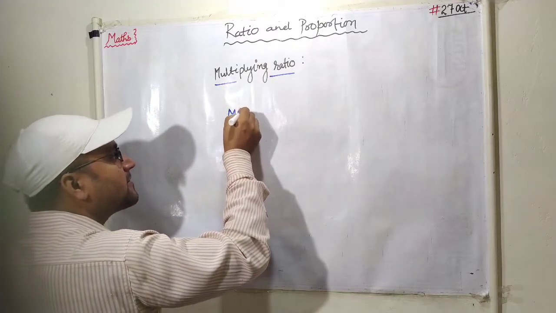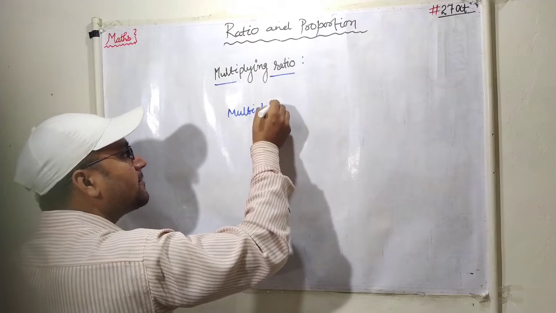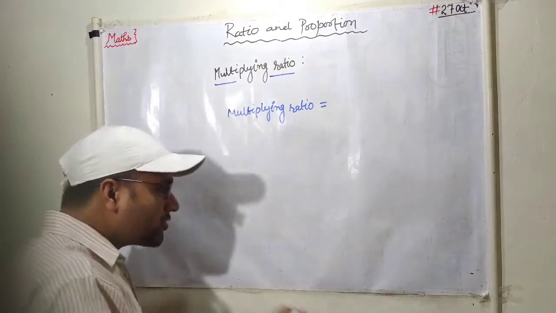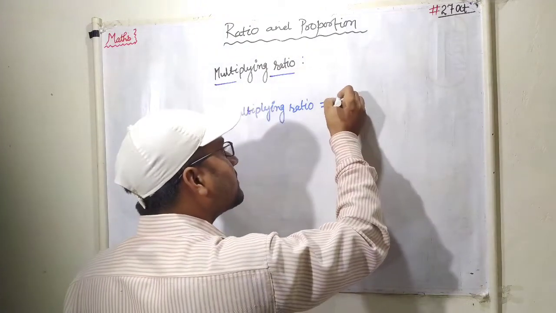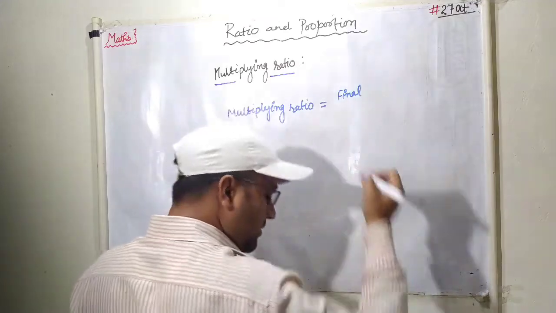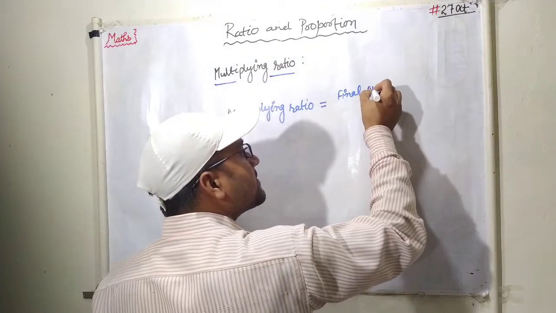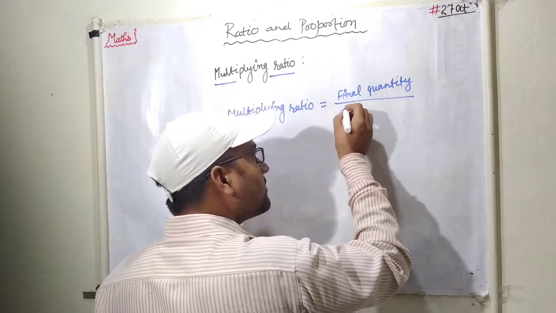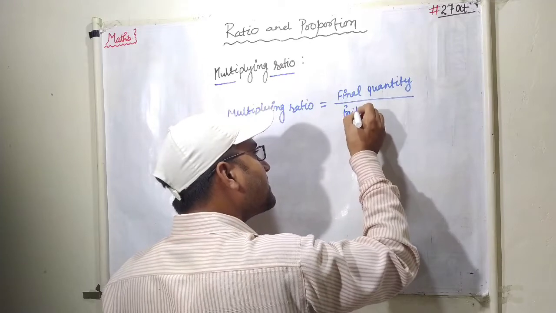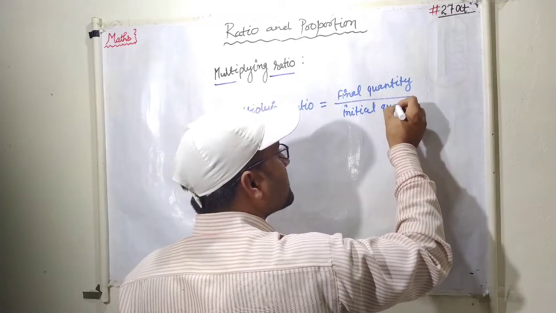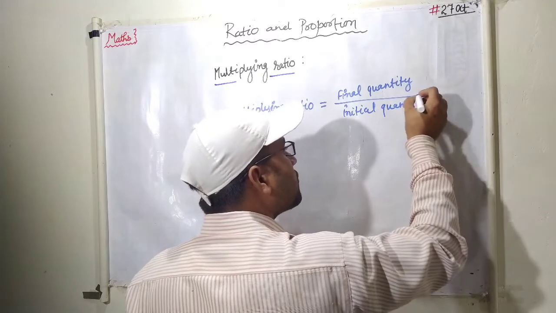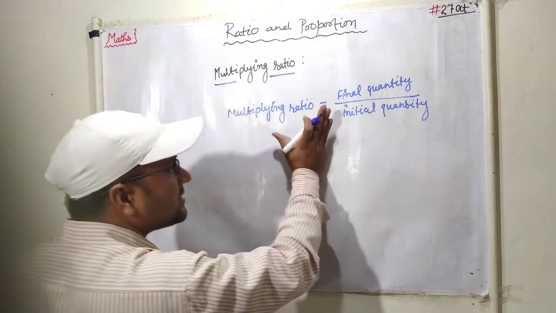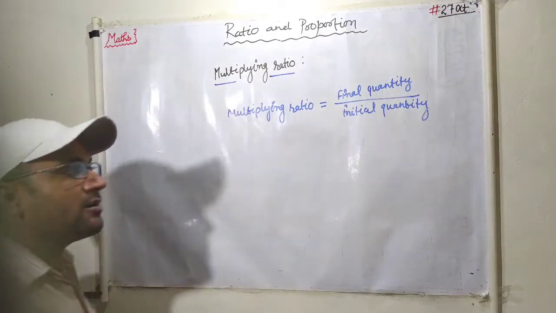Multiplying ratio means final or original quantity upon initial quantity. Multiplying ratio is equal to final quantity upon initial quantity.